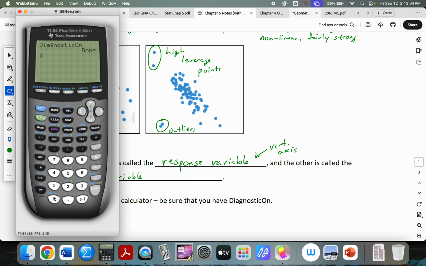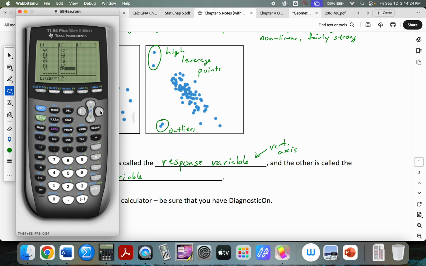Okay, when you're doing a scatter plot, and you have data in this, and I'm just going to make up some junk. How many of these are there?